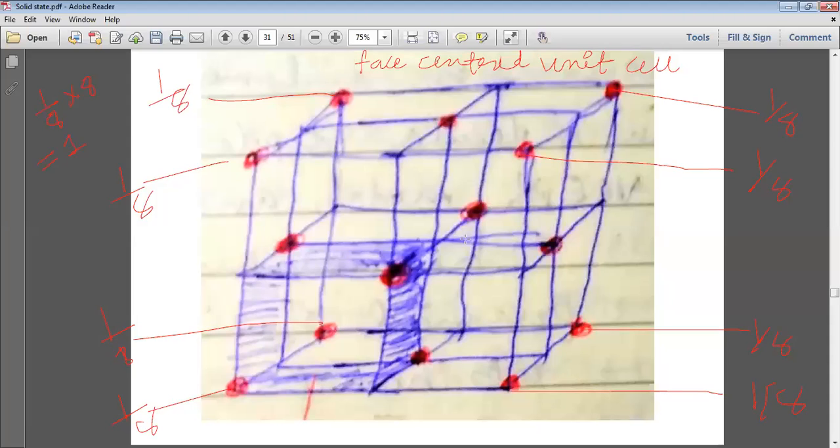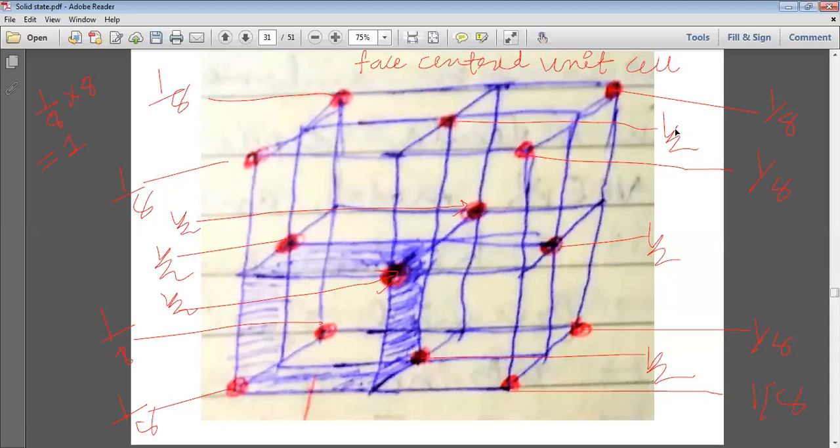Now you can see that there are 6 faces and each face has half of a particle. So this is 1 by 2, this is the second, this is the third 1 by 2. Then we have this one, 1 by 2, the fourth one. Then we have this one, also 1 by 2, and then this one, 1 by 2.